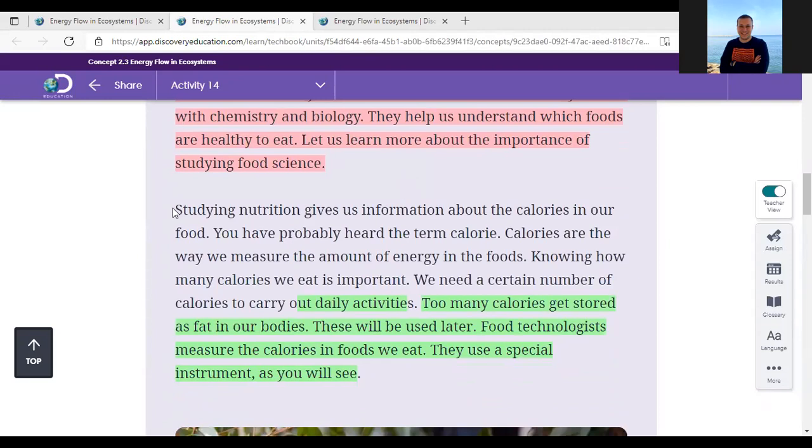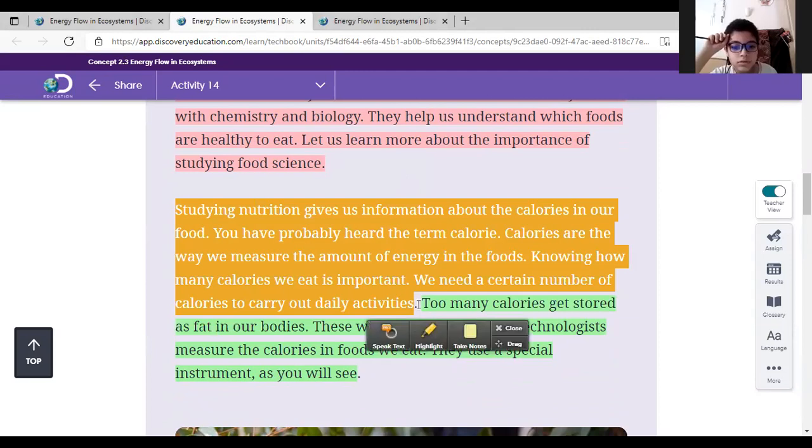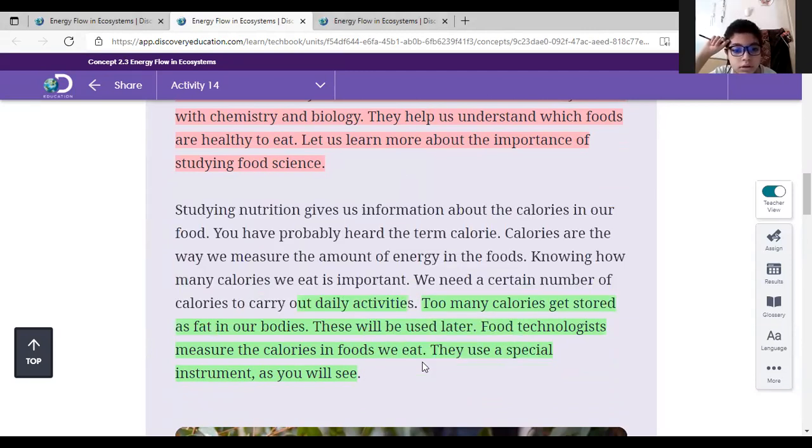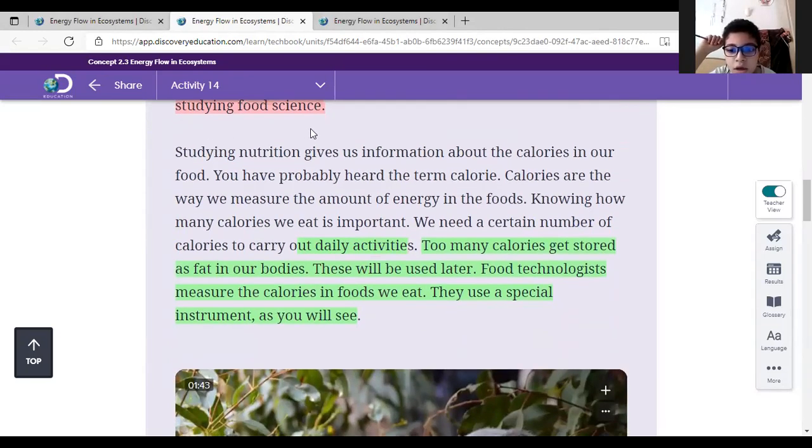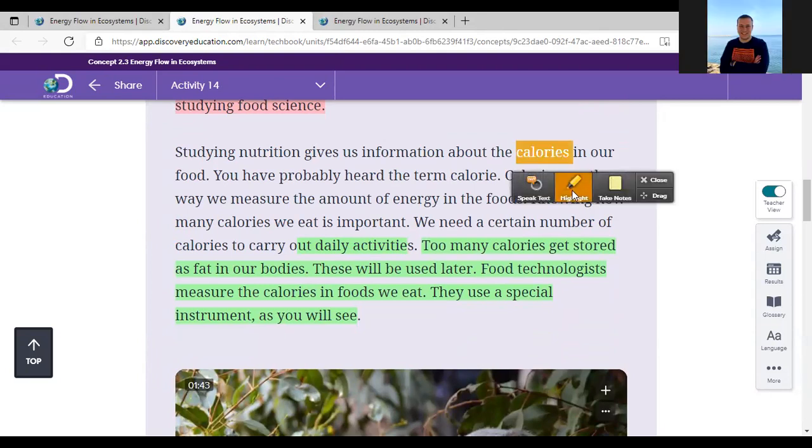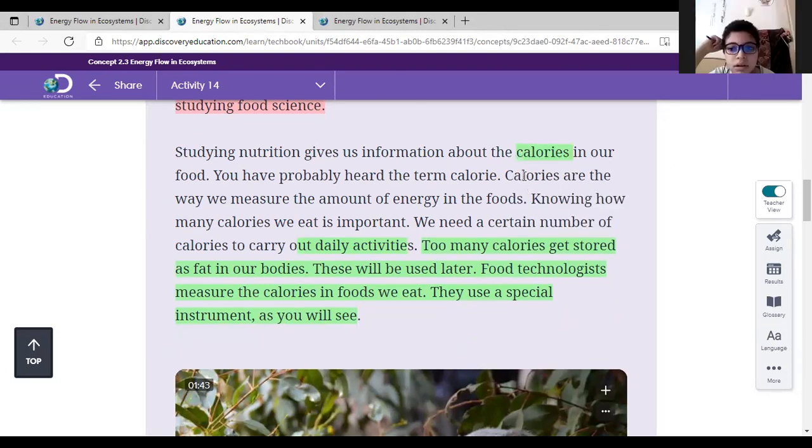Hassan? Yes, continue. Studying nutrition gives us information about the calories in our food. You have heard that term calories.